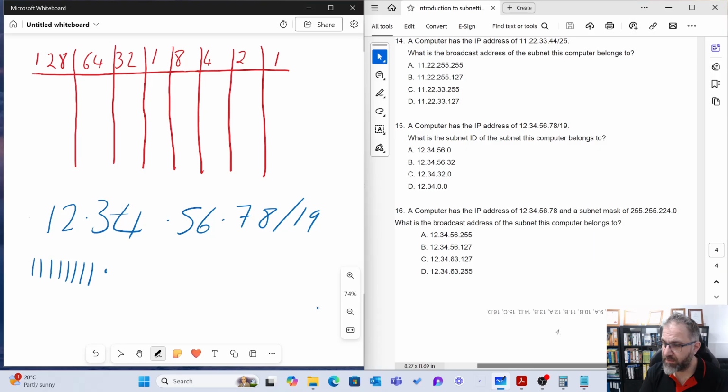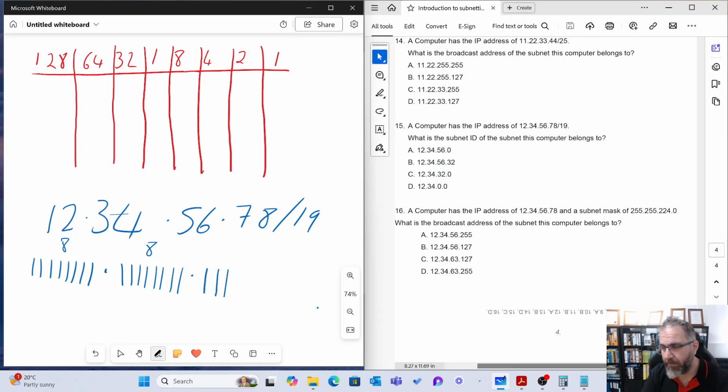That's the first octet. 9, 10, 11, 12, 13, 14, 15, 16. So we've got 8 bits there, 8 there is 16. But we've got 19 here. We keep going. 16, 17, 18, 19.